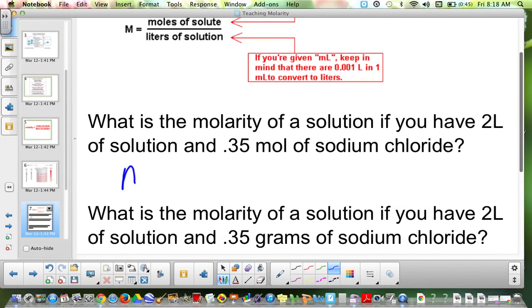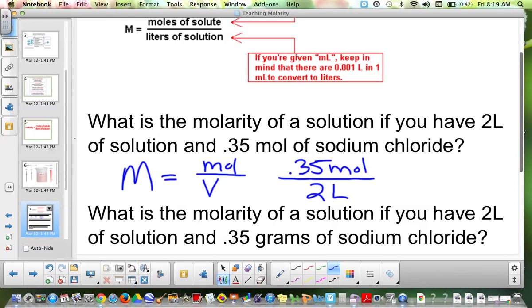Molarity equals moles divided by the volume of solution. Do I have both those things? Yes. And so I would take 0.35 moles and I will divide it by 2 liters.